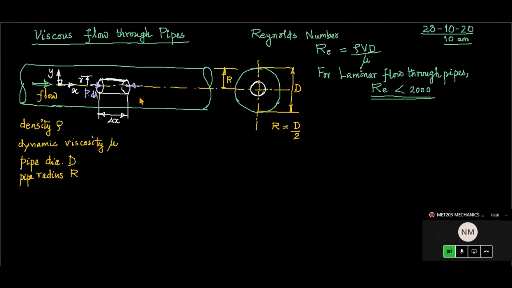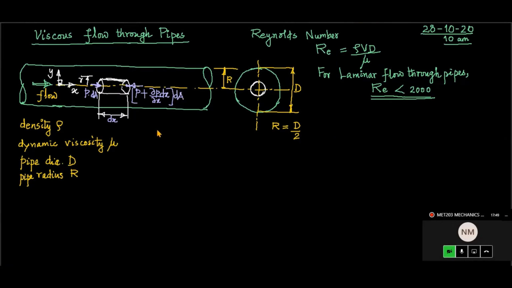On the right side, that will be incremented. Let the element length be dx. Then the pressure after the length dx will be P plus dou p by dou x into dx. Then this pressure is multiplied by area, let it be dA.